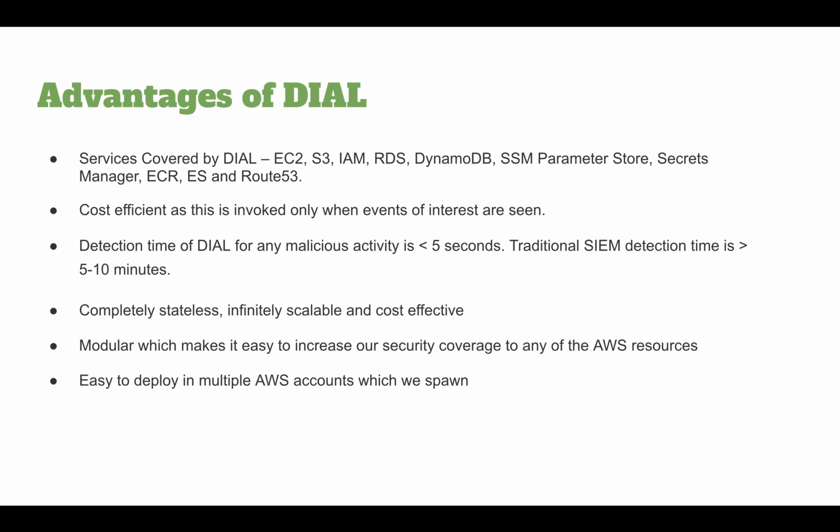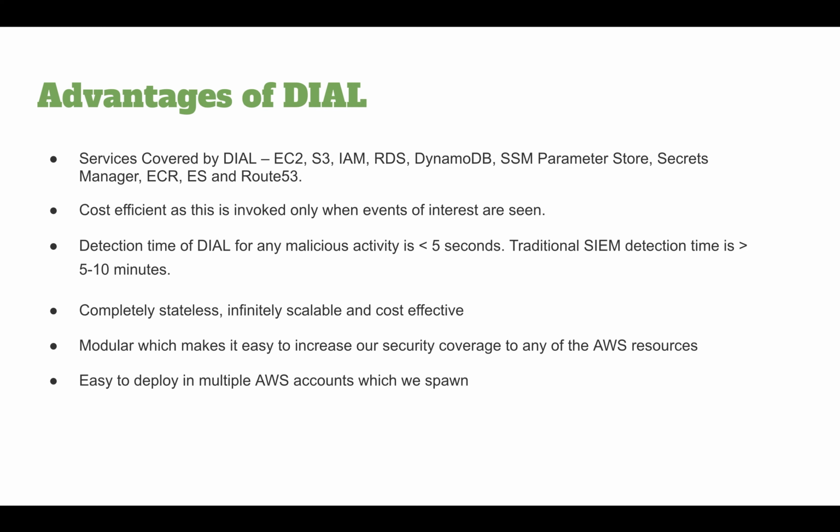So what are the advantages of Dial compared to existing CSPM solutions, whether open source or commercial, or SIEM solutions? We have covered different services that we use on a day-to-day basis in Dial, which are EC2, S3, IAM, RDS, etc. Now, the advantage is that since we have built it from scratch, it is very, very modular and it allows us very granular control over the kind of alerts we want to be thrown and what we define as an anomaly.